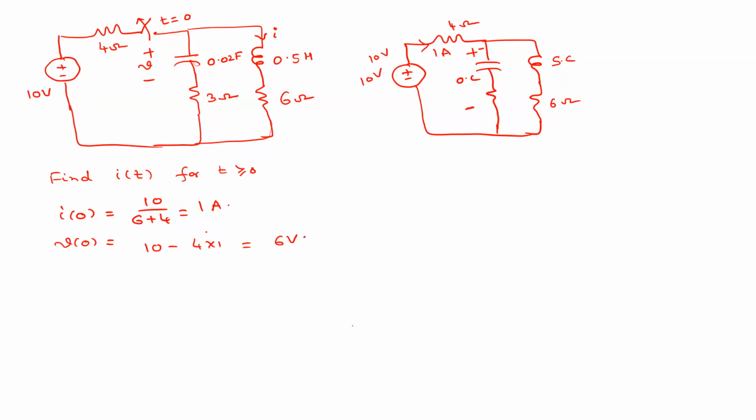Once these two things are over, we need to change the circuit. For t greater than or equal to 0, the circuit will be modified like this.